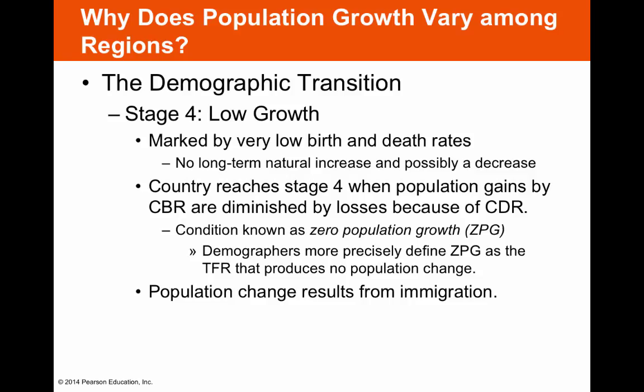So that means you have either the same amount of people being born as people dying, or more people dying than people being born. In that case, your only population change is going to come from immigration, so people coming in from other countries rather than being born.